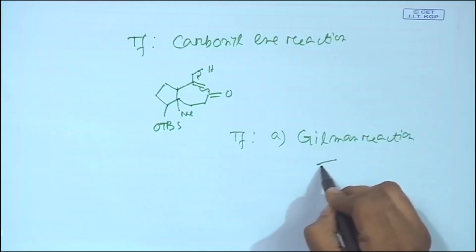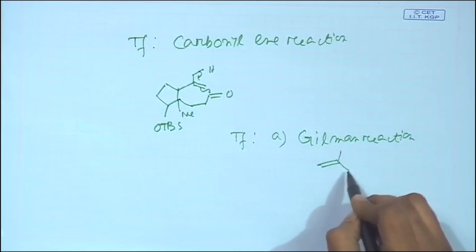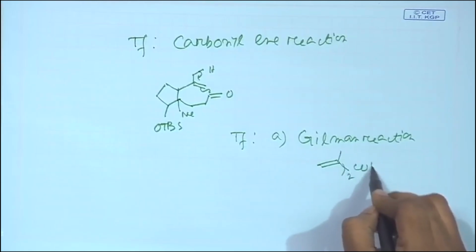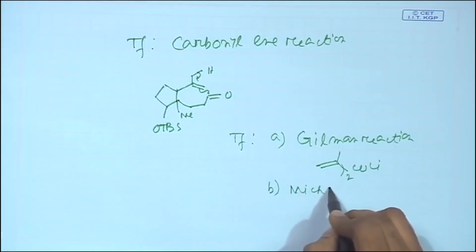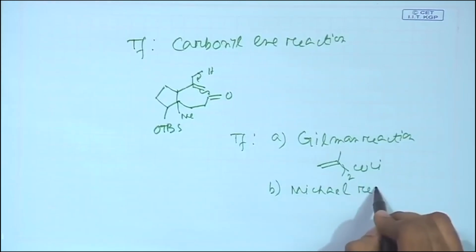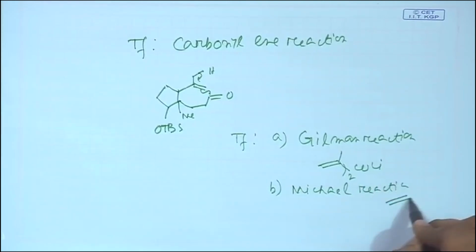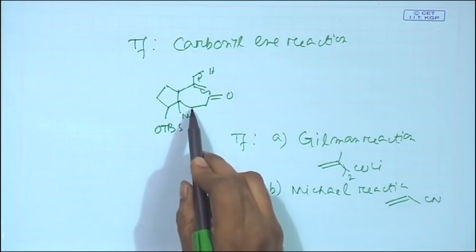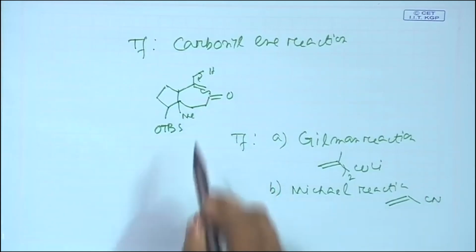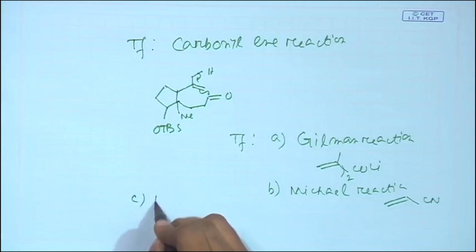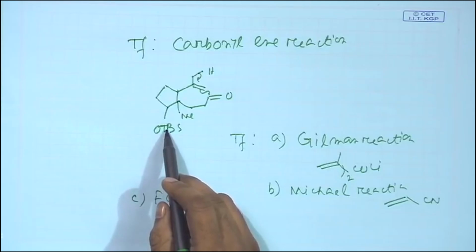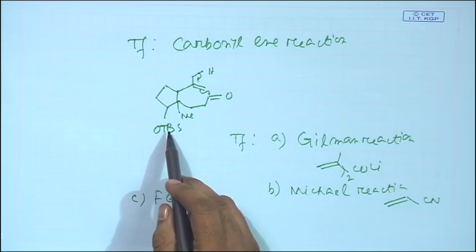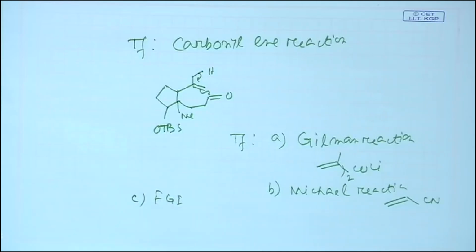In this case we are using a Gilman reagent, copper lithium, and in the same pot we are using a Michael reaction with acrylonitrile, that basically gives you CH2CN. This CN has been converted to CHO, and then we do a simple functional group interconversion to reduce this carbonyl group to alcohol, and then we convert it to a suitable protecting group, TBS, because our final target structure has a TBS.